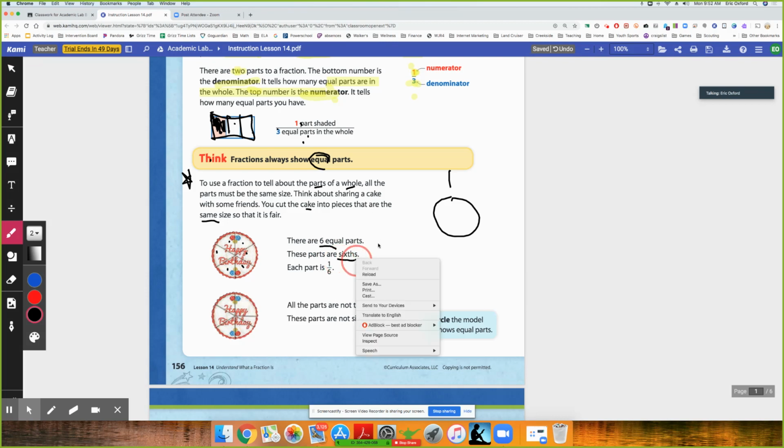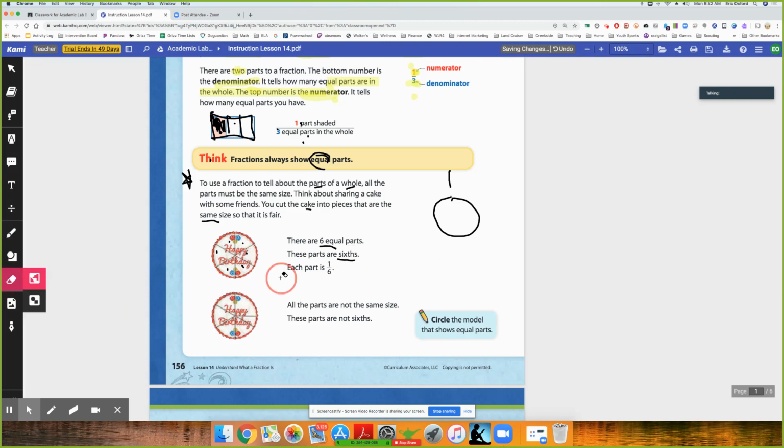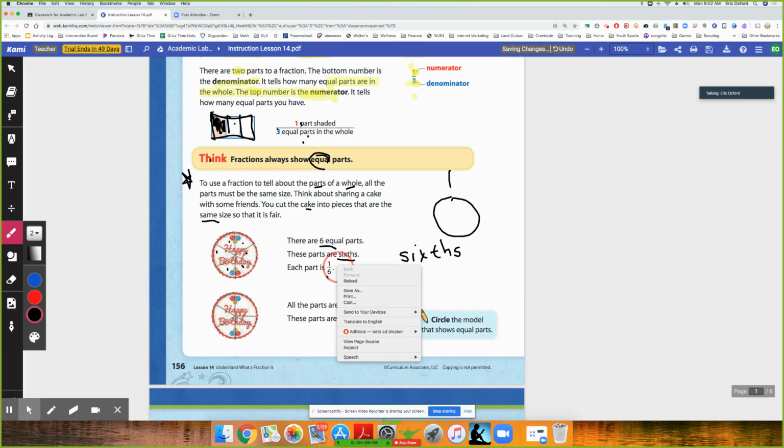So when we talk about fractions, hang on guys, sorry about that. When we write fraction words, we always say the number, and then we add THS, which means it's a fraction. It's not a whole number, it's a fraction.